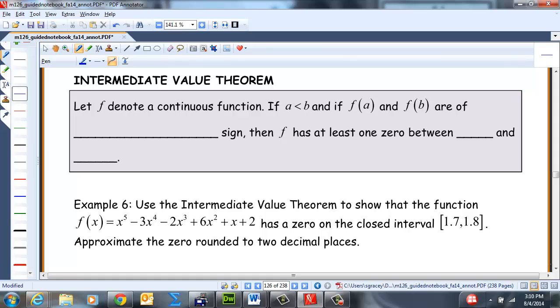So make sure you can understand this a bit so that you understand those theorems when you're in Calc 1. Okay, so let f denote a continuous function. If a is less than b, and if f at a and f at b are of opposite sign, then what has to be true? F has to have at least one zero between a and b.